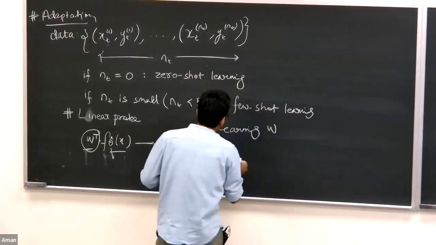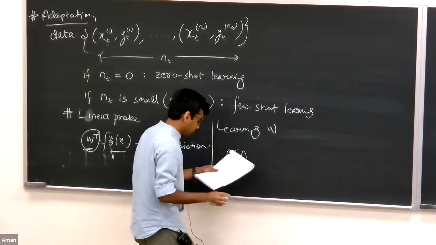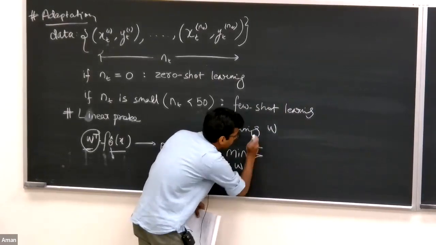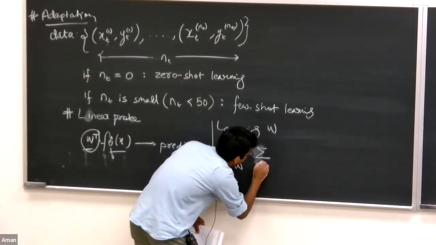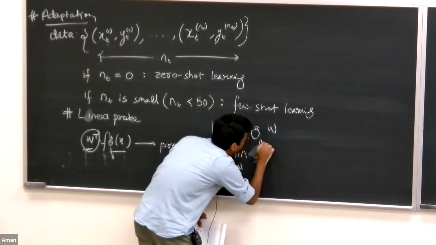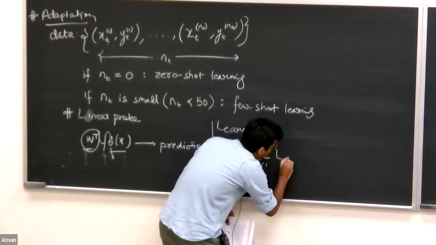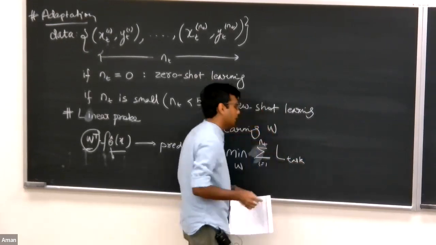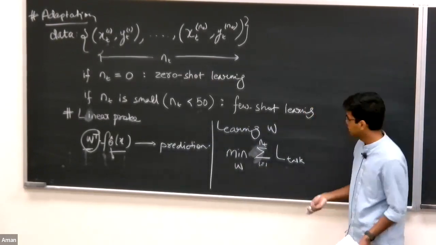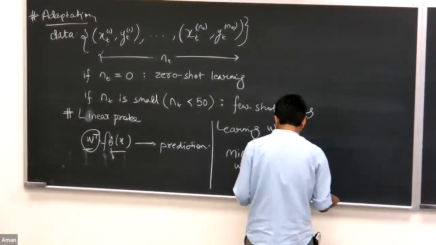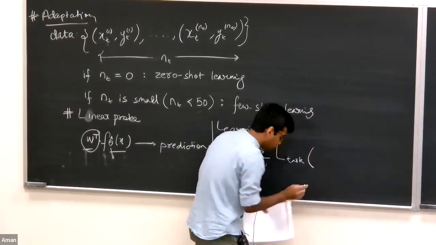So you can directly just minimize a loss for the parameters W on the smaller data set, which goes from i equal to 1 to NT, which is this task data set, and optimize a loss L task. And this L task could be anything depending on what kind of task it is. You can see that this could be a binary cross entropy or any type of loss that compares the output to the label.